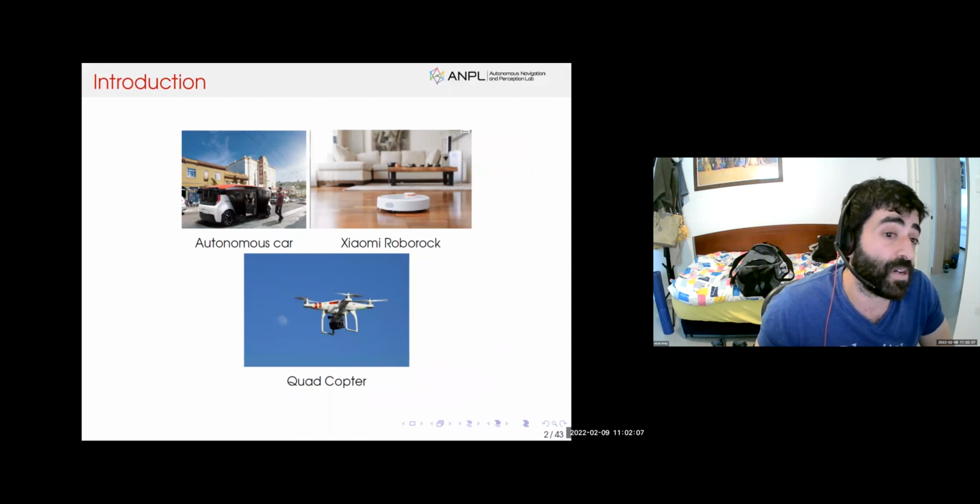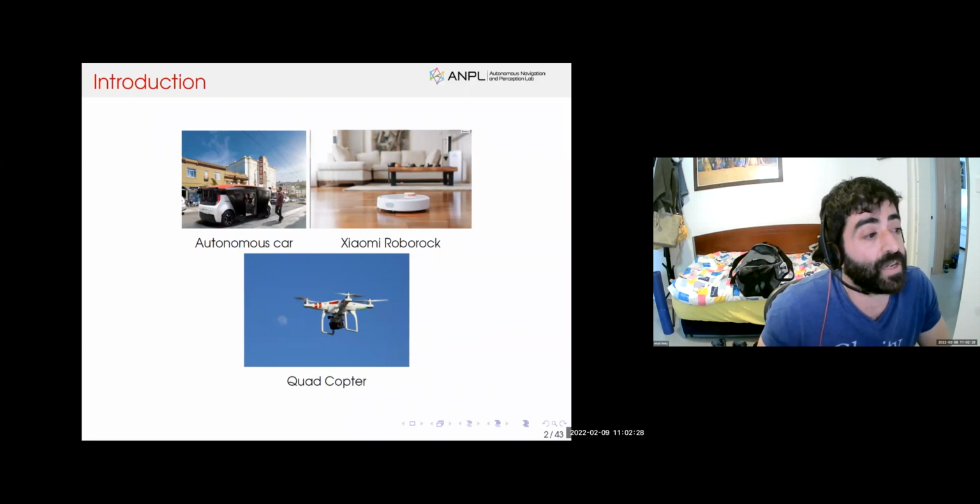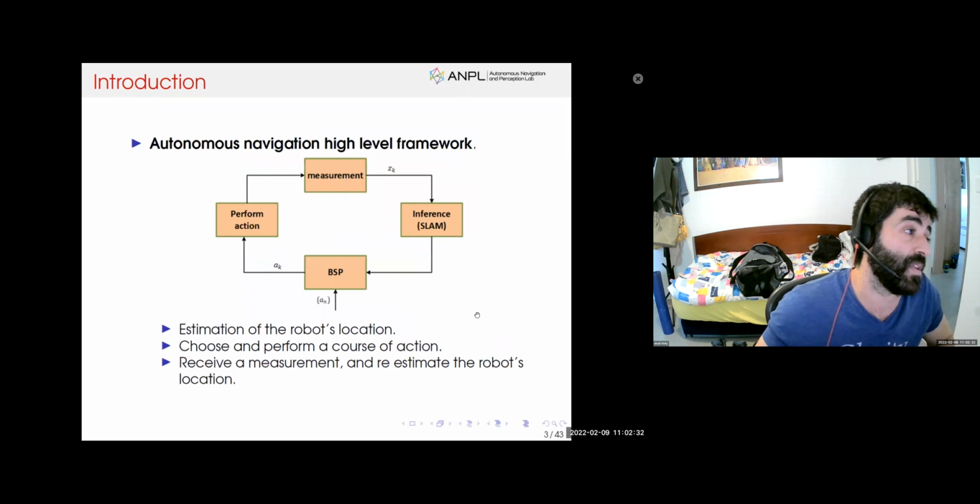For instance, autonomous cars is a developed field, both in the research community and in large companies such as Google, NVIDIA, etc. As well, we can see autonomous navigation in our indoor and outdoor products that work on mapping the current surrounding as well as doing localization at the same time, SLAM. We can see this either by quadcopters and by indoor products such as the Xiaomi Roborock, for instance.